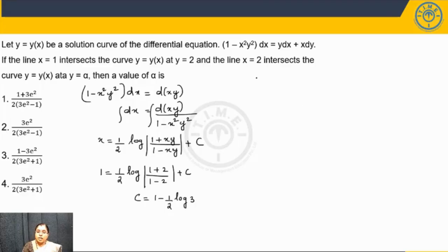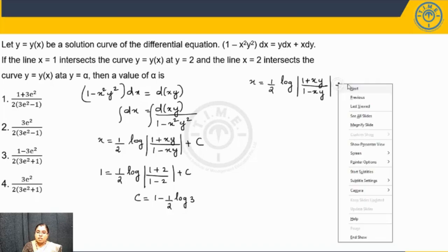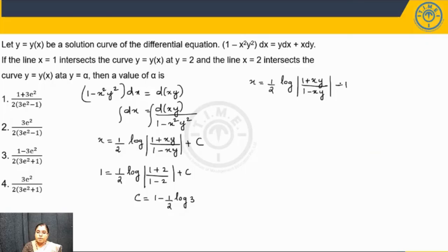Now our equation becomes x is equal to 1 by 2 log 1 plus xy by 1 minus xy plus 1 minus 1 by 2 log 3. Now we have to find out the value of alpha.